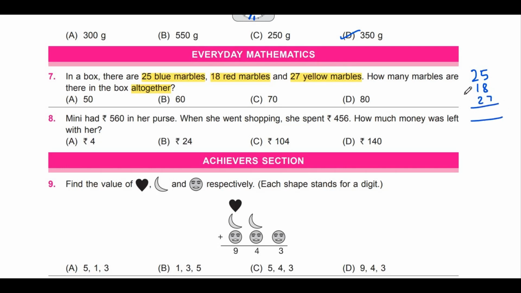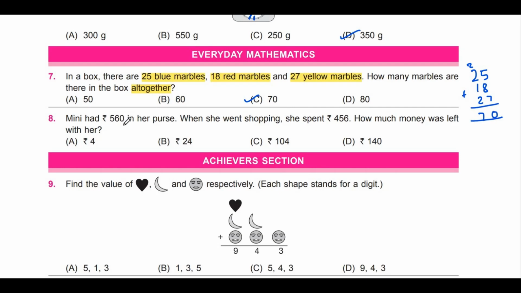So when you add up all these three numbers, what do you get? 5 plus 8 is 13, 13 plus 7 is 20, 0 and a 2 carry over. 2 plus 2 is 4, 4 plus 1 is 5, 5 plus 2 is 7. So our right answer is 70. So there were 70 marbles in the box. Isn't it easy? Now let's see the 8th question.